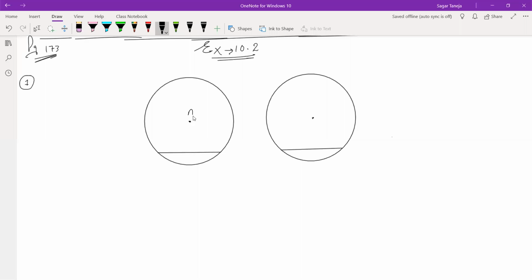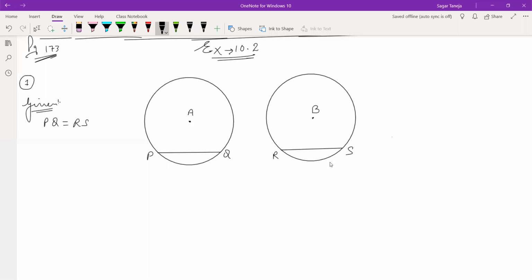Let the center be point A, let the center be point B, and let these be P, Q, R, S. And in the question, write in given that the chords PQ and RS are equal to each other.